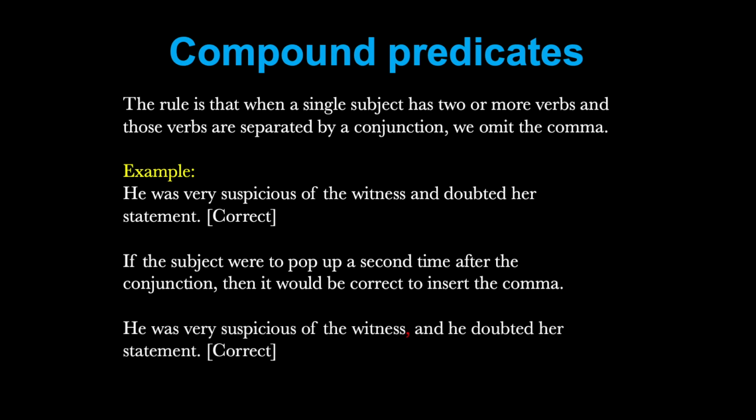Look at he was very suspicious of the witness, and he doubted her statement. There, the he comes up a second time. The subject again reappears after the conjunction. And in that case, both the clauses on either side of the conjunction are truly independent and we can have a comma.